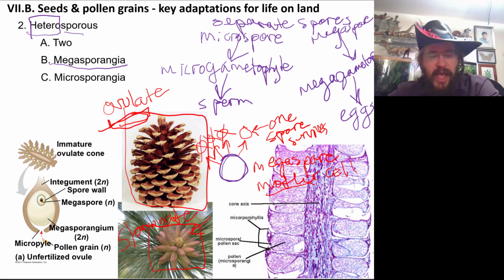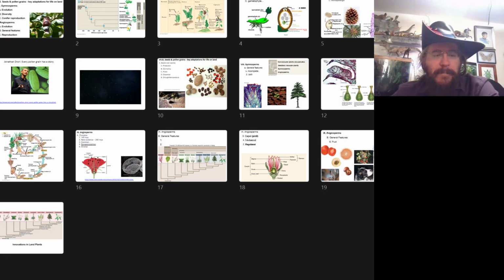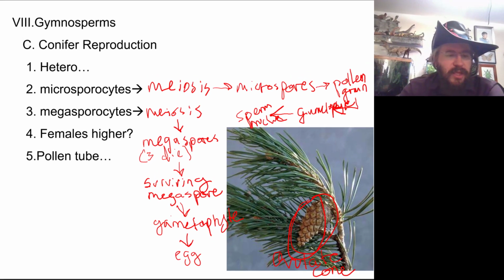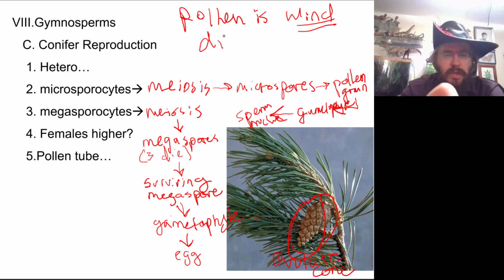I don't know. Wind, right? Our distribution mechanism for pollen is wind or critters. And in gymnosperms, it's not critters. Gymnosperm pollen is wind distributed only.